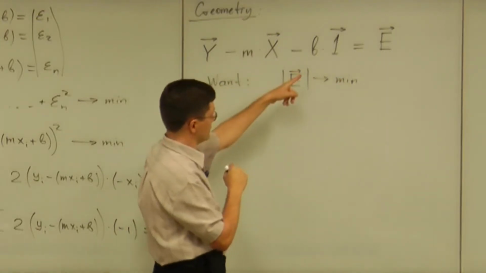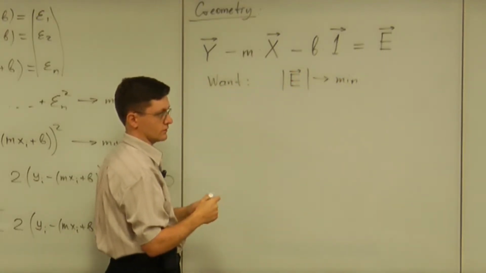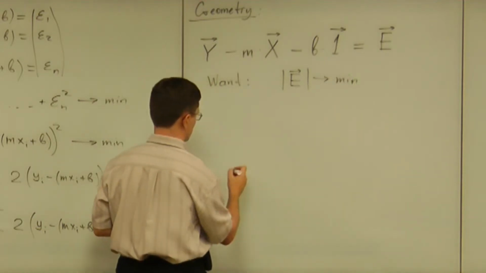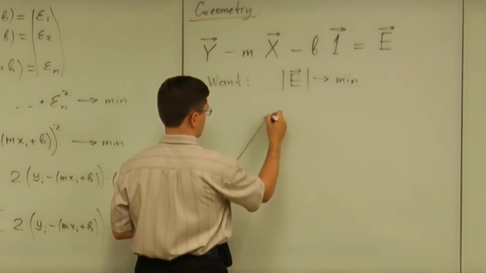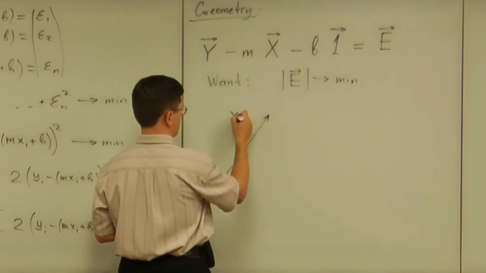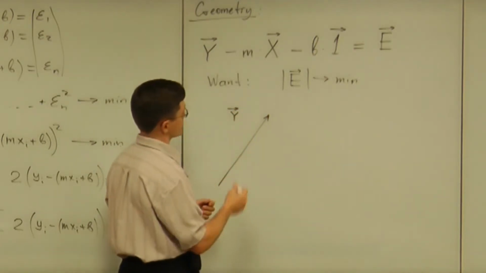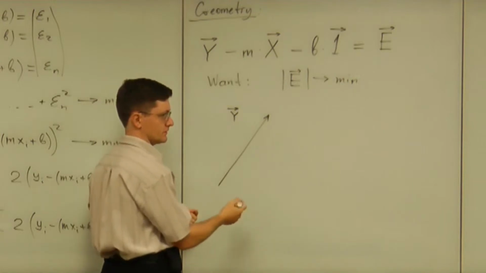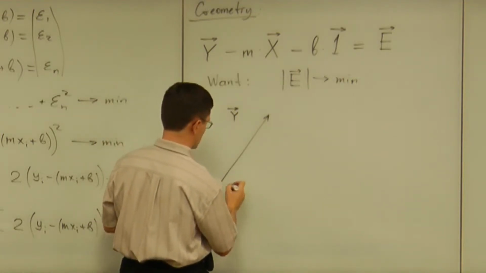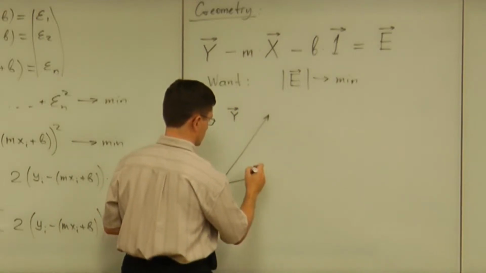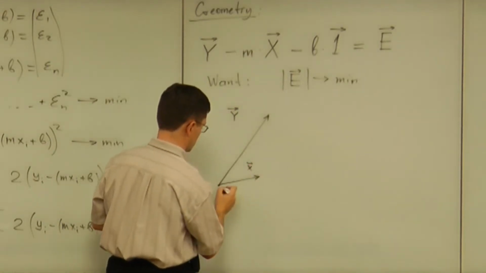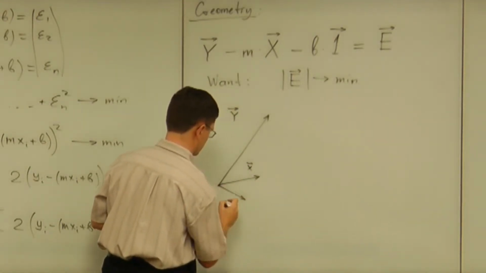So these are all the vectors we have to draw, essentially. So let's draw a vector y. Because three vectors I can draw in 3 space. So vector y, vector x, and vector 1.